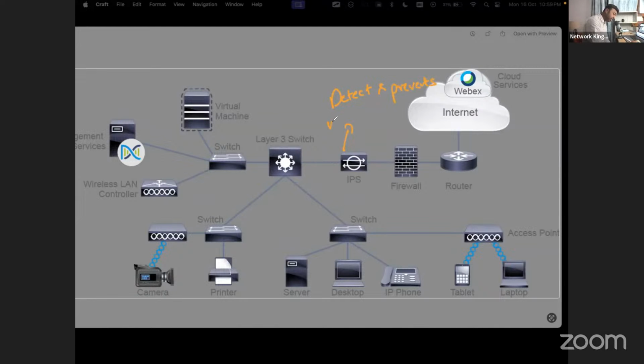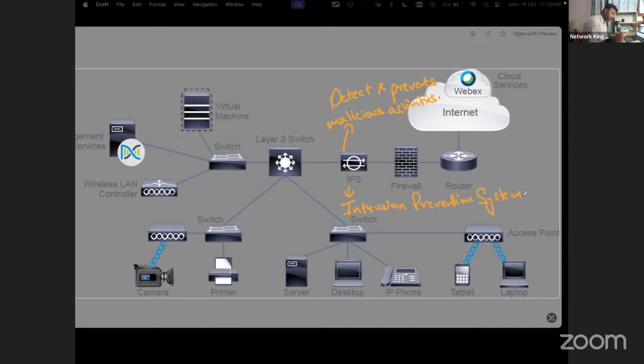Detects and prevents malicious attacks or activities. Okay. So it also has a brother. IPS is called Intrusion Prevention System.